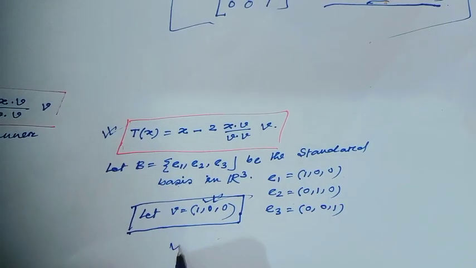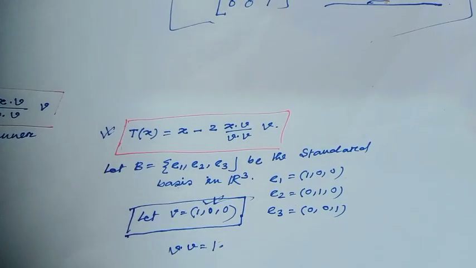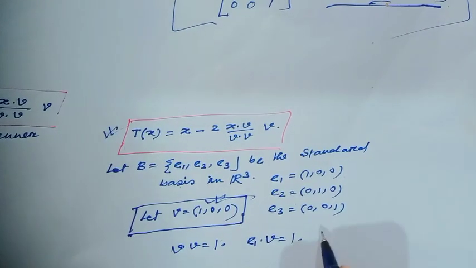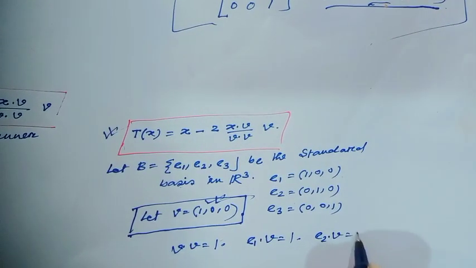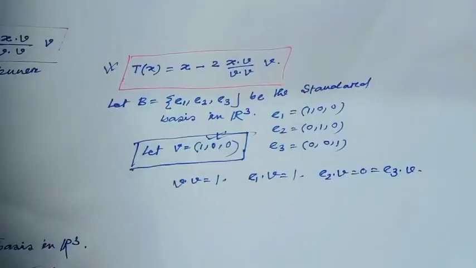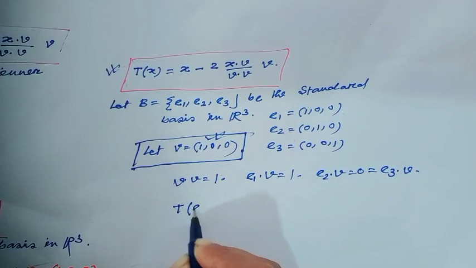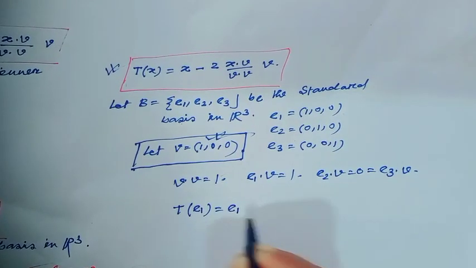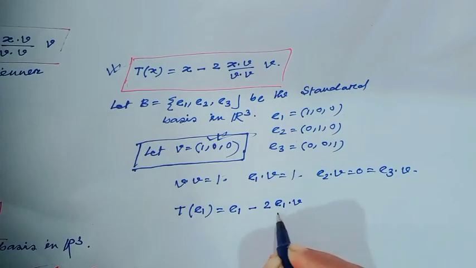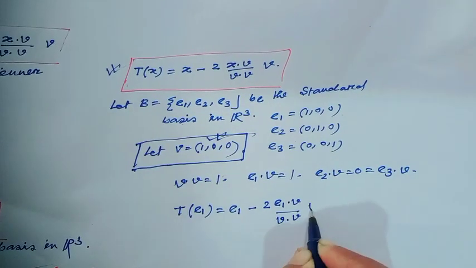Then obviously v dotted v would be 1, e1 dotted v would be 1, e2 dotted v would be 0, and e3 dotted v would also be 0. Then T(e1) = e1 minus 2 times (e1 dotted v over v dotted v) times v.